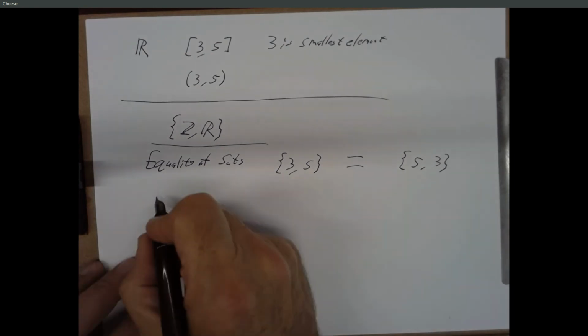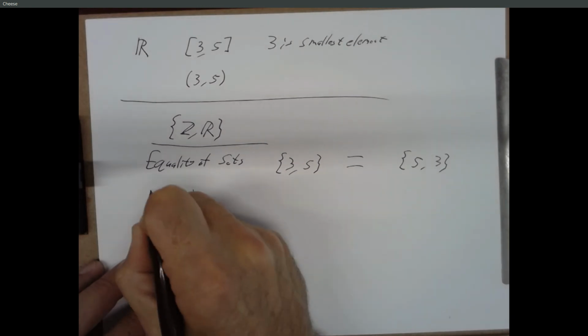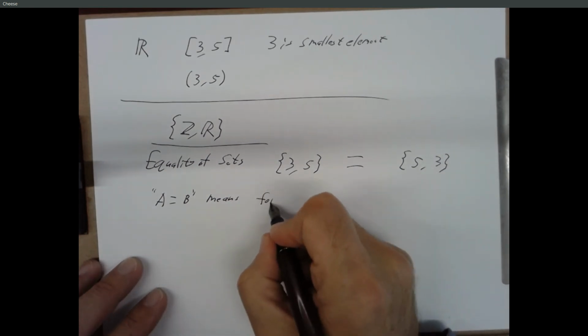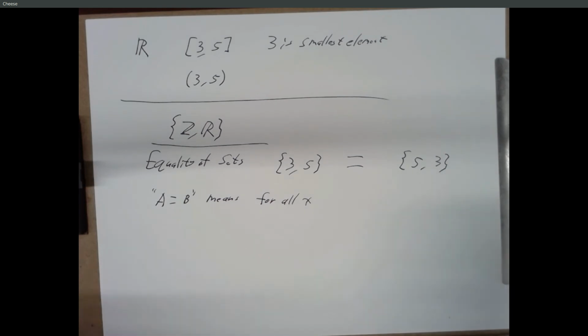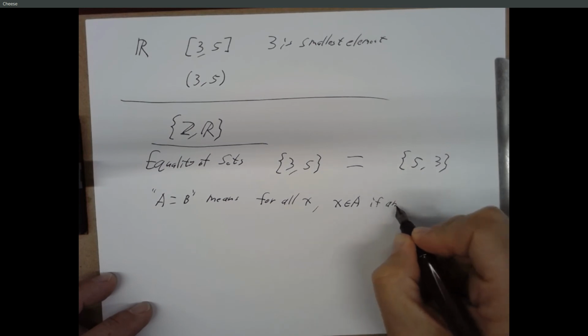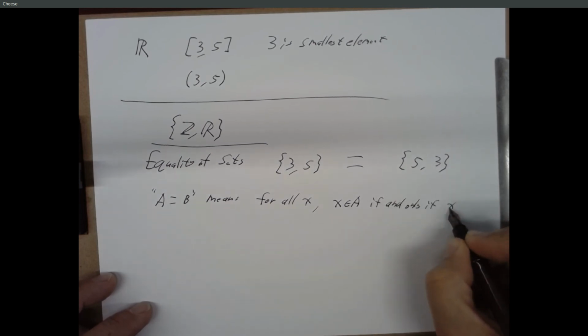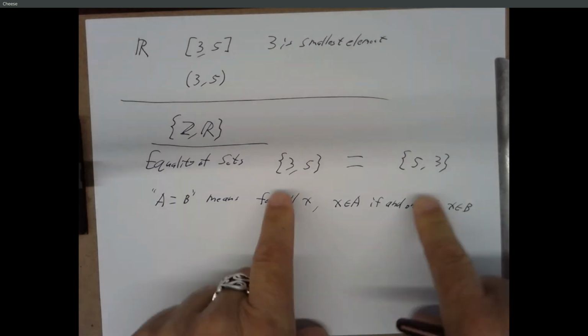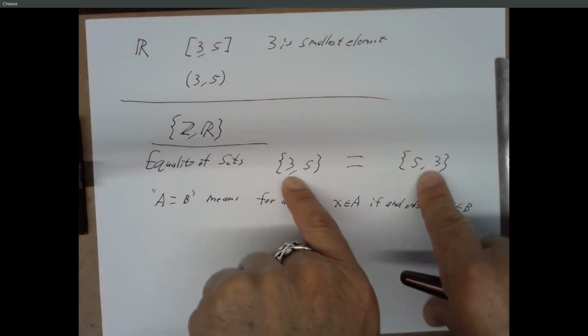So let's make a definition. A equals B means for all x, all things in the universe that we might call x is a variable, x is contained in A if and only if x is also contained in B. So saying A equals B means that for any object that we pick, that object belongs to A if and only if it also belongs to B. And the only if means if it belongs to B, it belongs to A. So things are either a member of both sets or not a member of both sets.